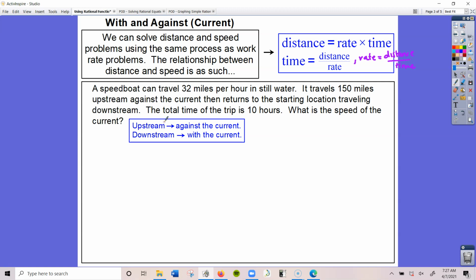So let's see how we can dissect this. First, if you're trying to figure out your variable, we look here at the question. It says, what is the speed of the current? So I'm going to make x equal the speed of the current.